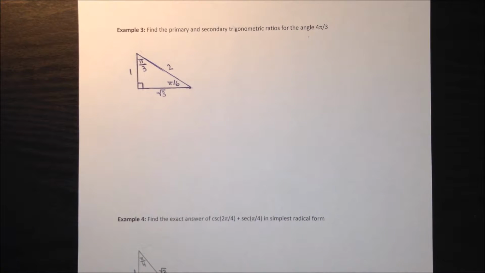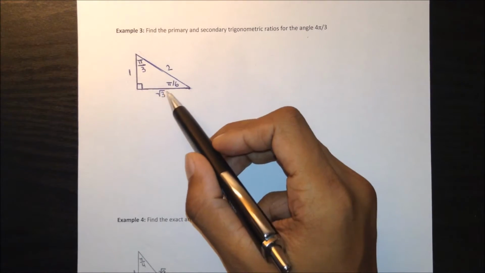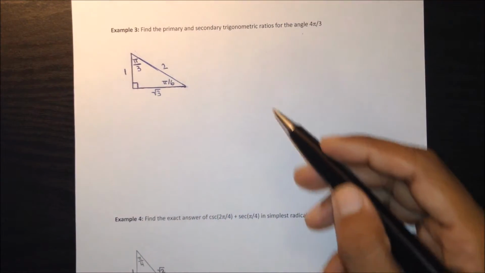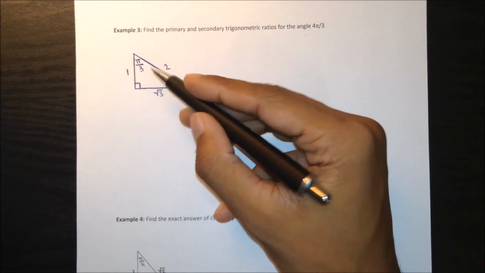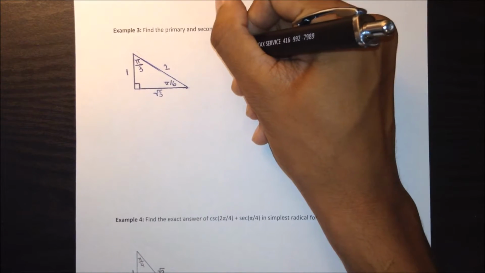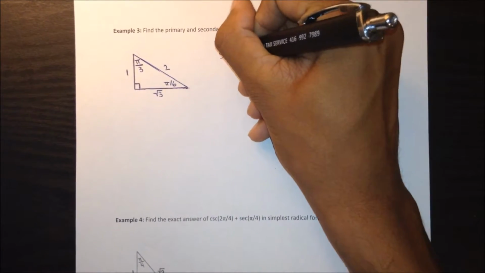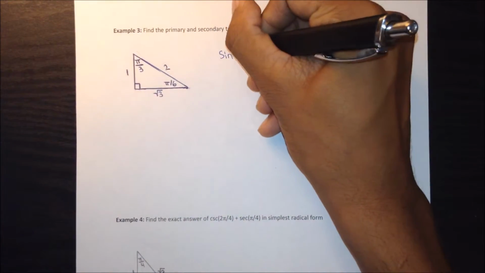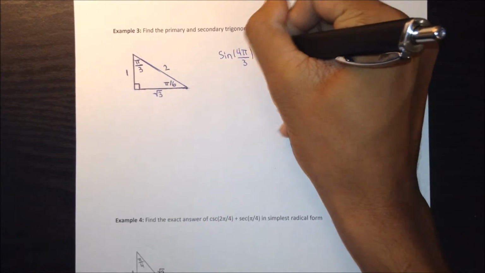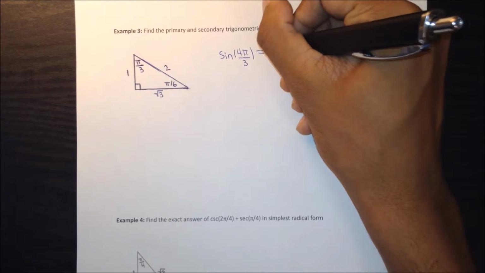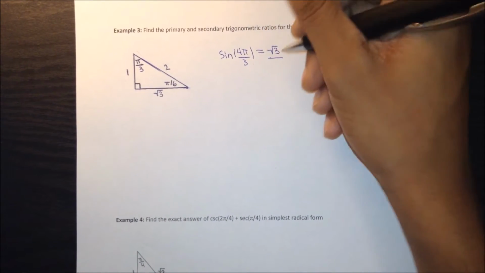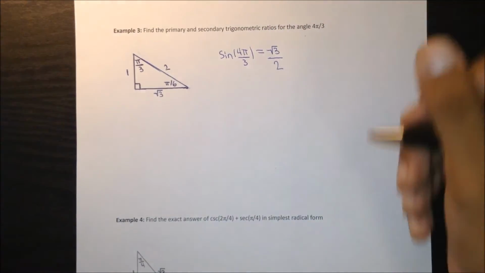So if we look at our special triangle, first let's start off with sine. The sine of pi over 3 would be opposite over hypotenuse. So sine 4 pi over 3 would equal root 3 over 2.